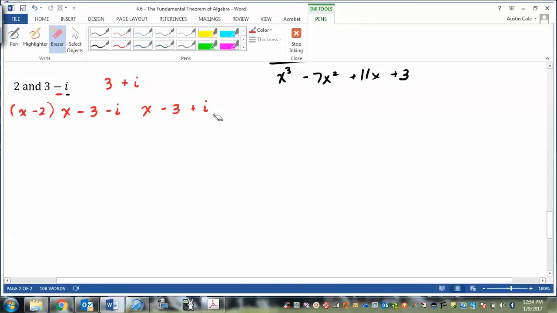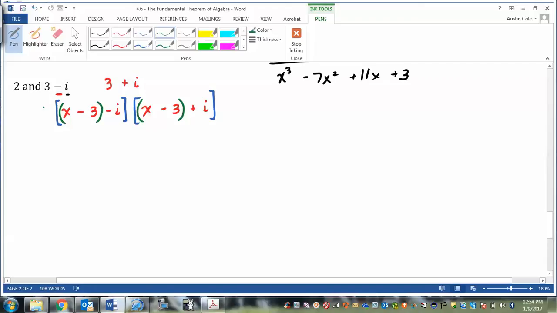You might not have to erase, but I'm going to put brackets there. I should have done that right away. Because I'm going to group the x minus 3 together. Okay, and again, for simplicity's sake right now, I'm going to erase that just to help us think this through.